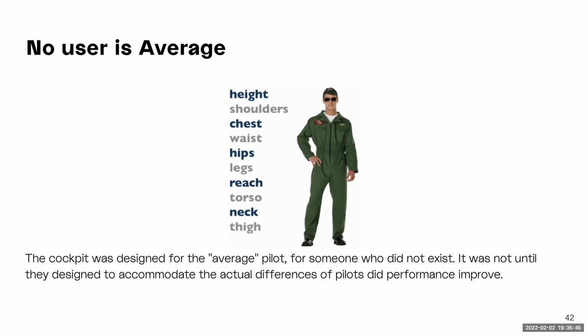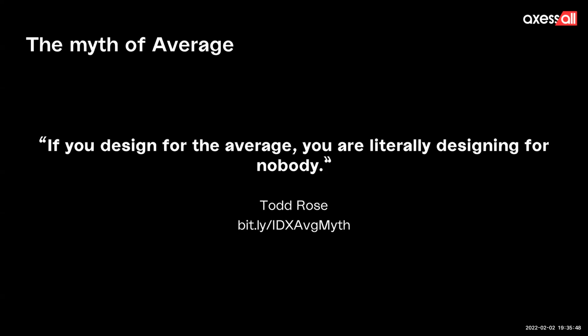So that was a real turning point. There is a myth called the myth of average: if you design for the average, you are literally designing for nobody, because no one is similar to anyone.